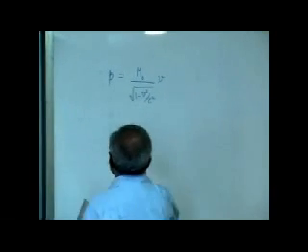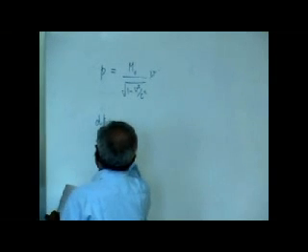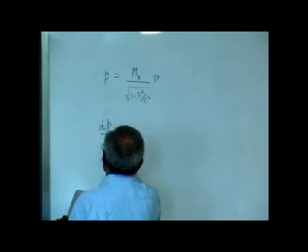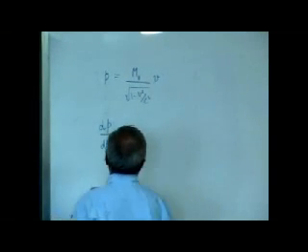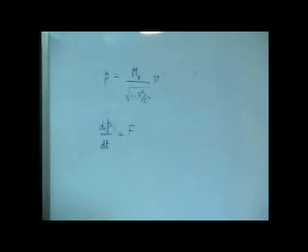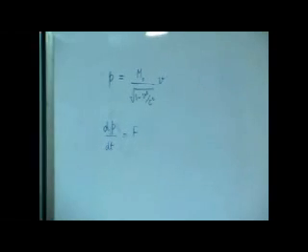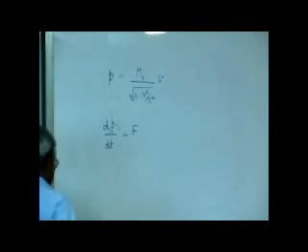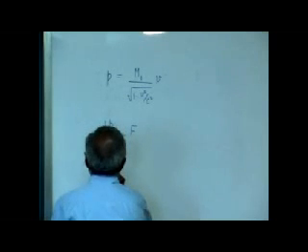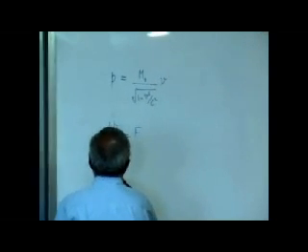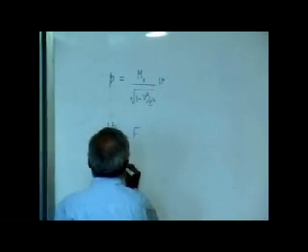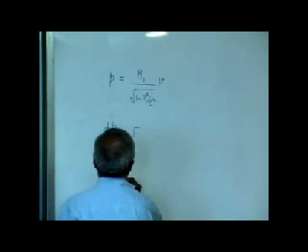And I will try my Newton's law, saying dp by dt. Let me just look at the one-dimensional case. So I write down here dp by dt of m0 v by the square root of 1 minus v squared by c squared.